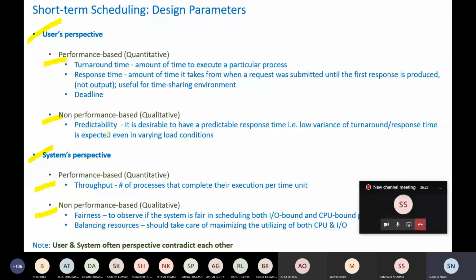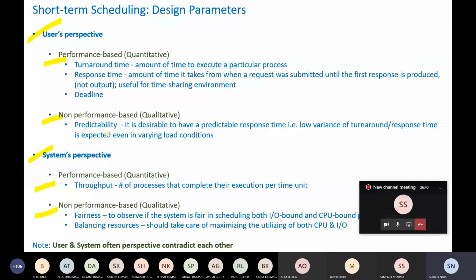You want things to be very much predictable. Predictability means your response time or turnaround time should not depend on the load of the system, should not depend on what type of processes are running, CPU bound or IO bound.